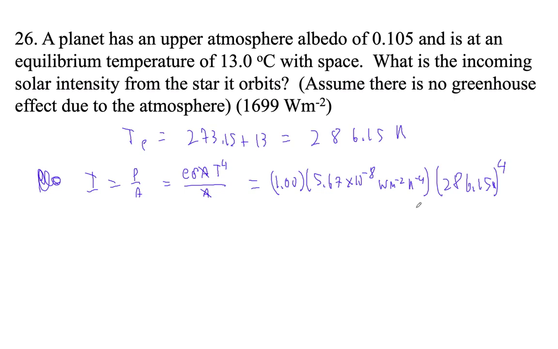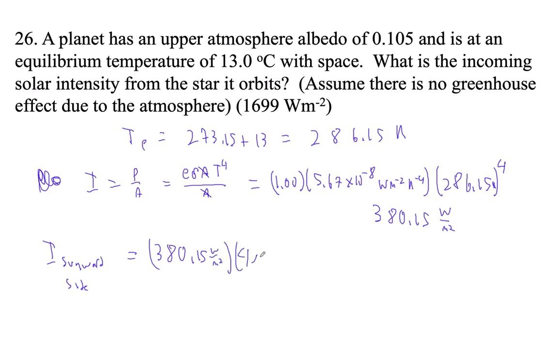Okay, so on average, a square meter of this planet radiates into space 380.15, and that's watts per square meter, right? Which means on its sunward side, the intensity on the sunward side is going to be that 380.15 watts per square meter, which is actually coming out of 4 pi r squared, right?